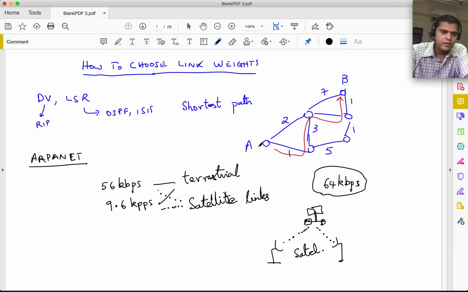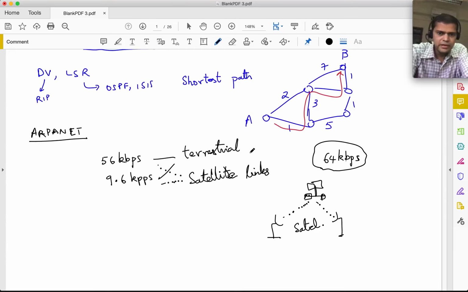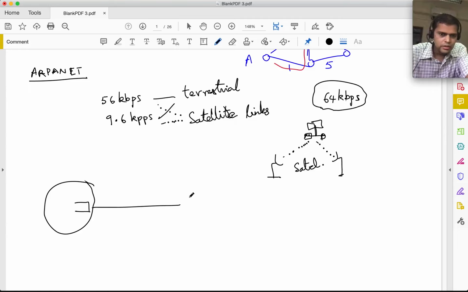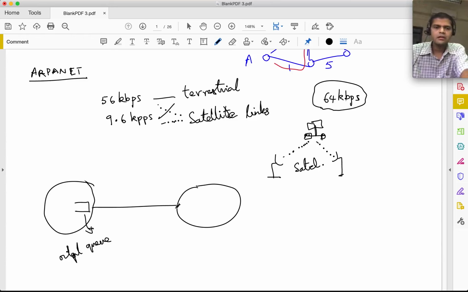Okay. So of course initially they were experimenting, so they said let's look at one of these links. So let's zoom into the routers. So there's an output queue here, and of course there is some buffer over here into which the data is written as the packets come.